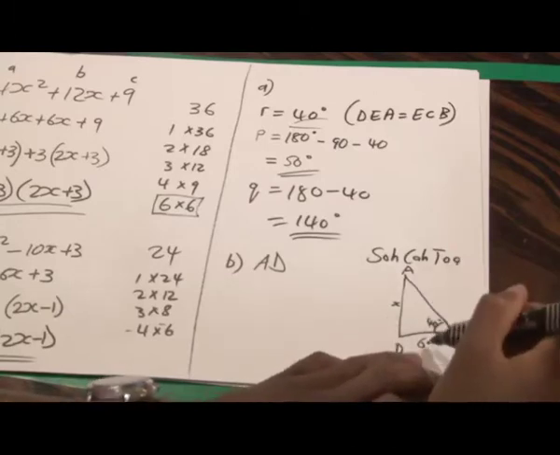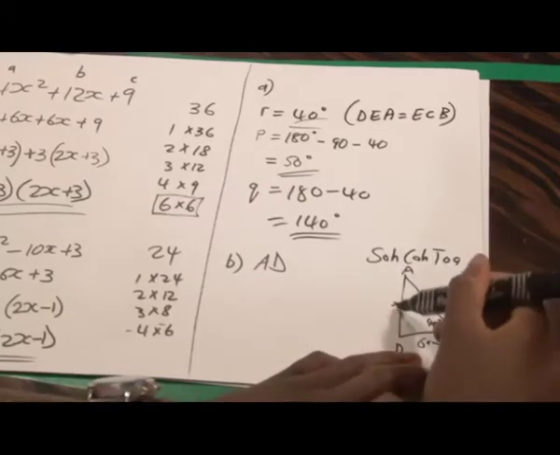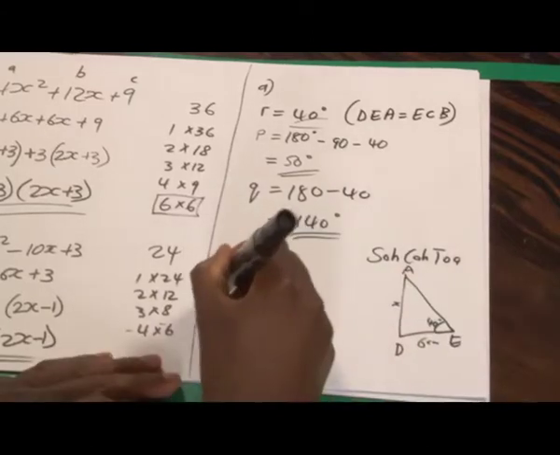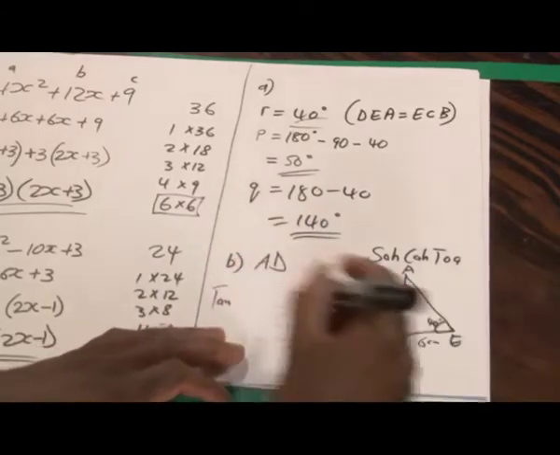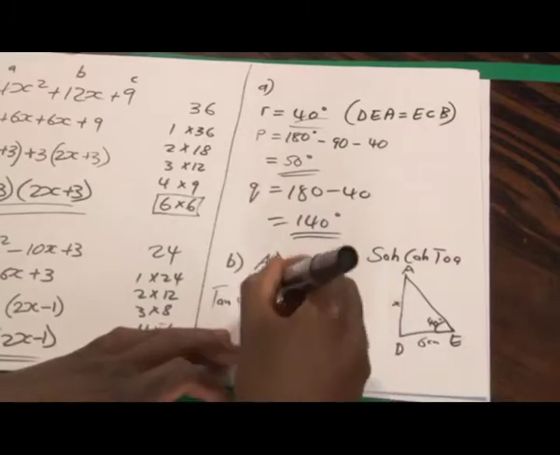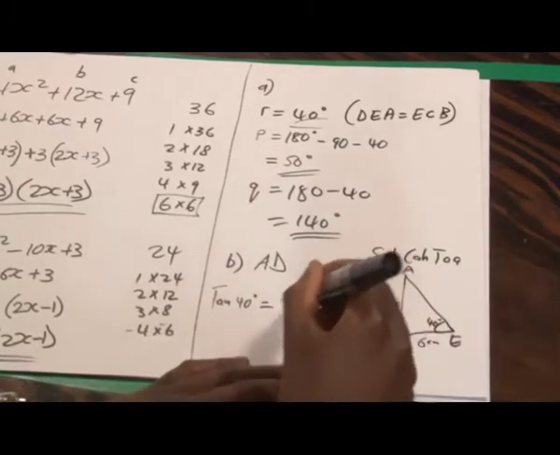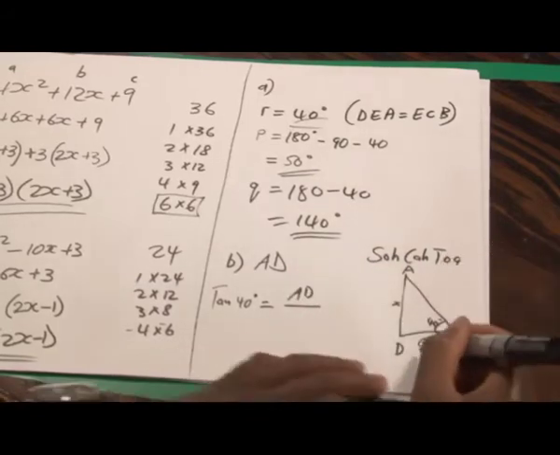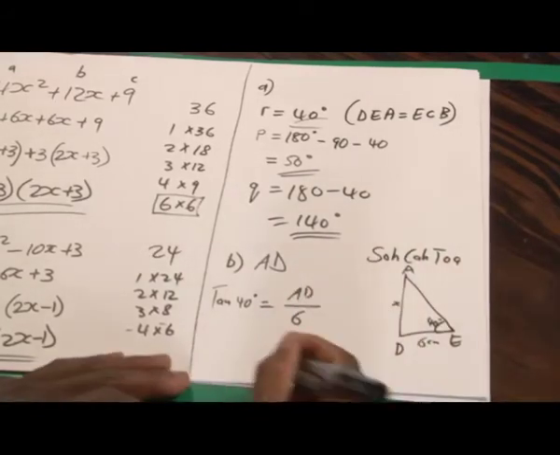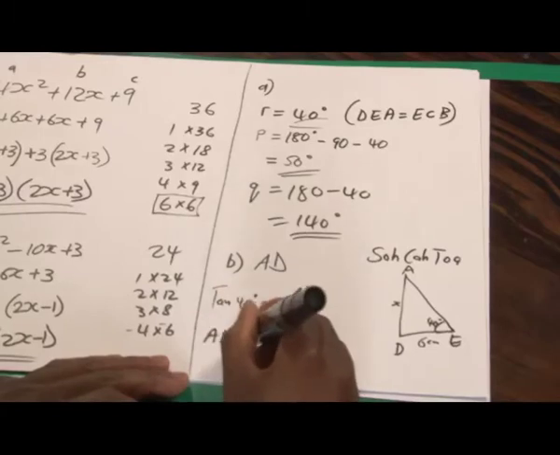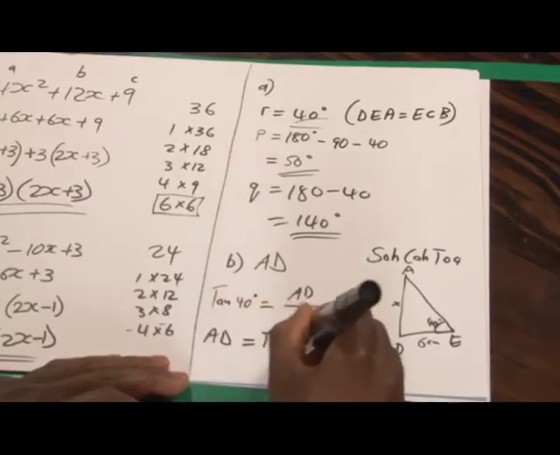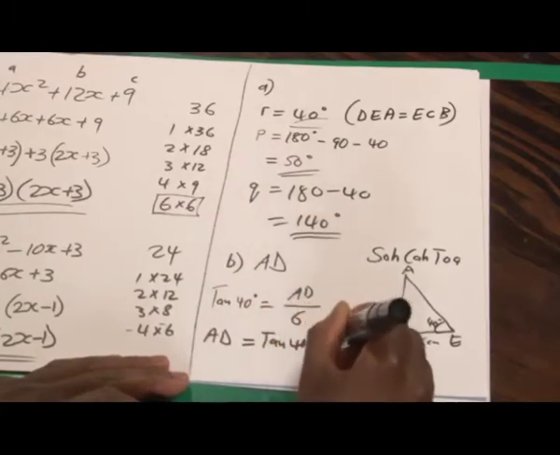We have opposite and adjacent, then it's tan. We're looking at tan theta, which is 40, is equal to, what's the opposite? That's the AD, the unknown, divided by, what's our adjacent? It is 6. Then AD is equal to tan 40 degrees times 6.